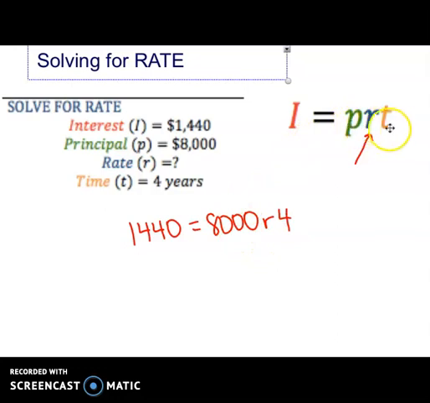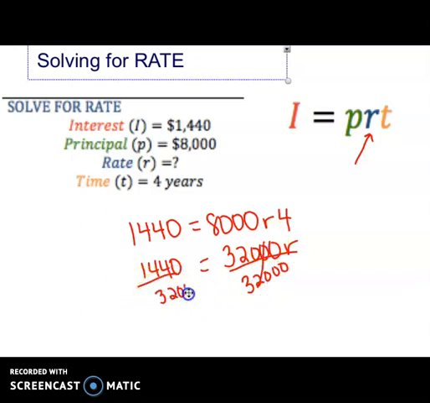Now, when these letters are next to each other, that's multiplication. So we can simplify. We can do 4 times 8,000 to get 32,000 R equals 1,440. Now that should look very familiar to you. That's actually a one-step equation. So to solve for R, you divide both sides of the equation by 32,000.